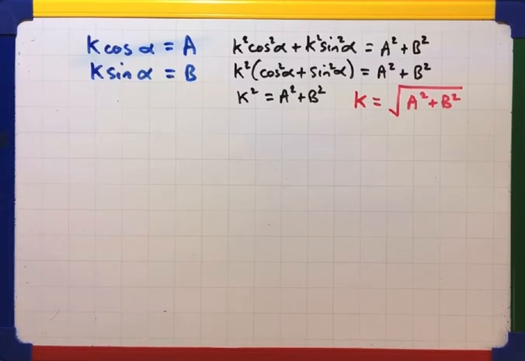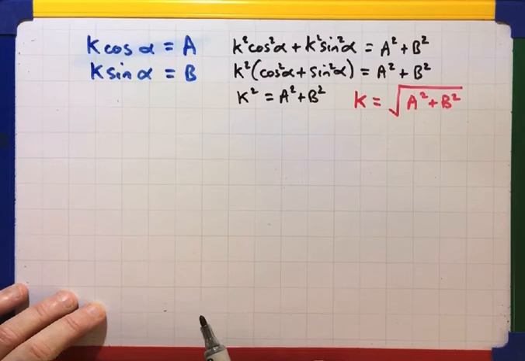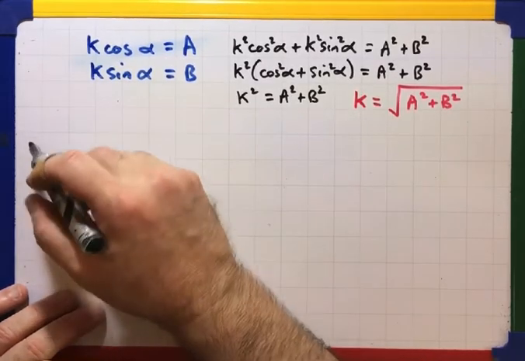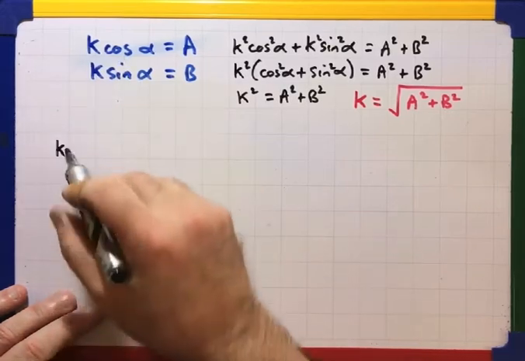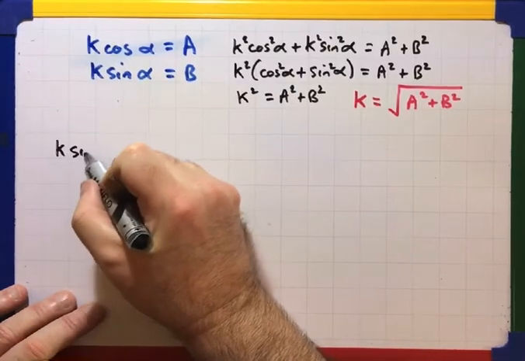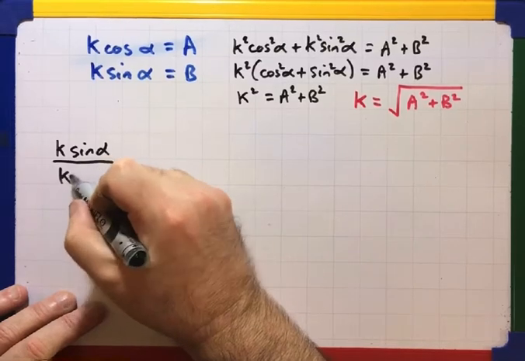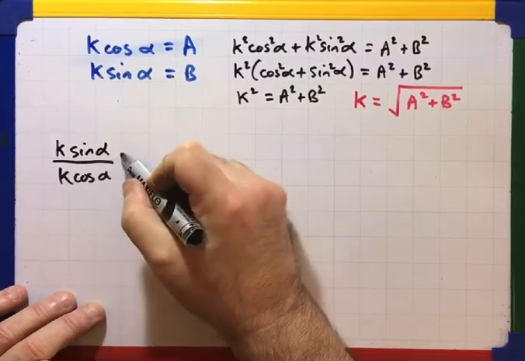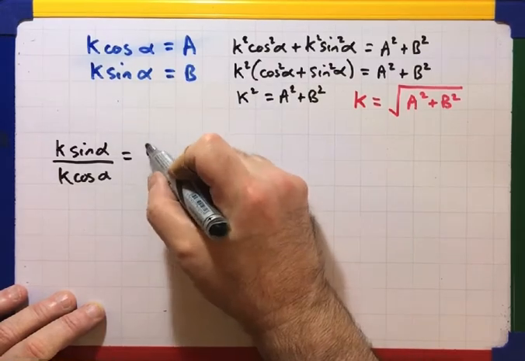The next bit, what we have to do is work out what alpha is. But we do know if I divide this one by that one, I've got k sine alpha divided by k cos alpha. That's going to give me b over a, isn't it?